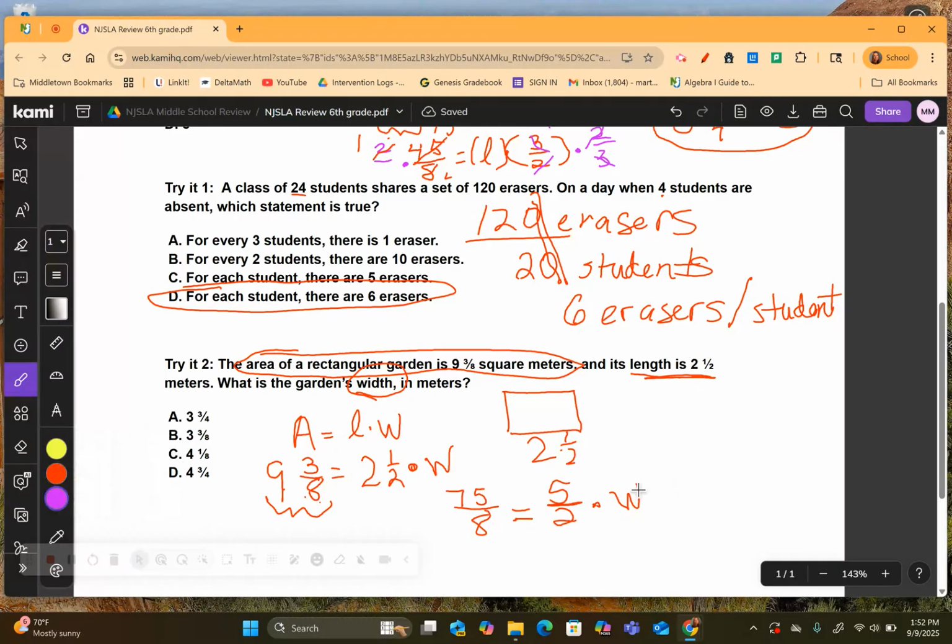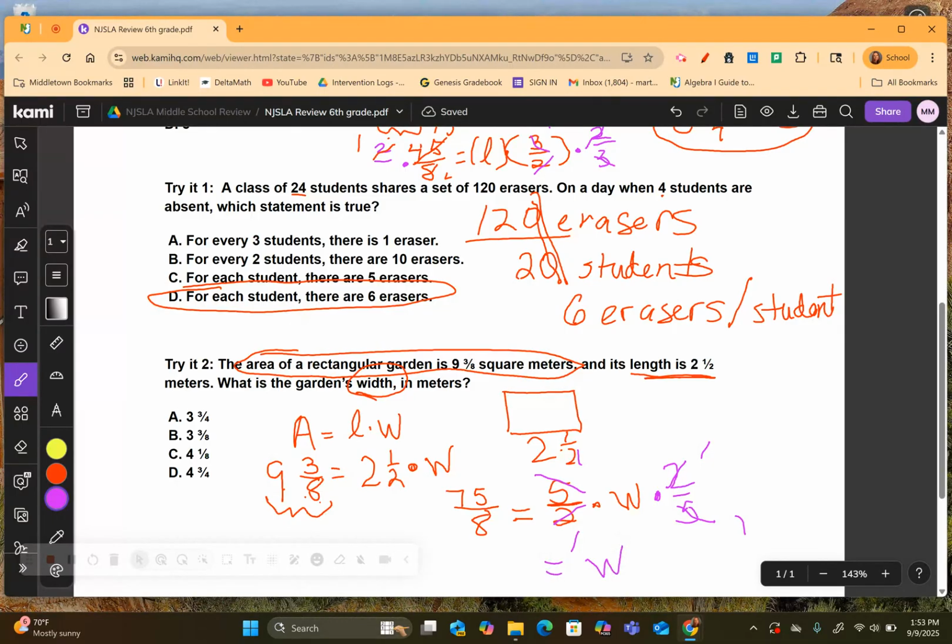Yes, we're going to multiply by the reciprocal. What is the reciprocal of 5/2? 2 over 5. Good. When I do this, these numbers cancel out. The 5s cancel out because one's in the numerator, one's in the denominator. The 2s cancel out for the same reason. Now our W is by itself.